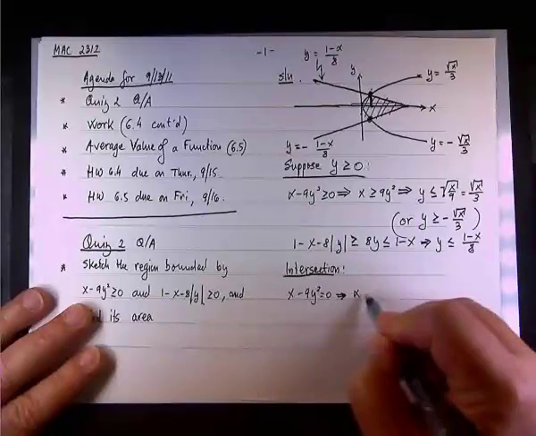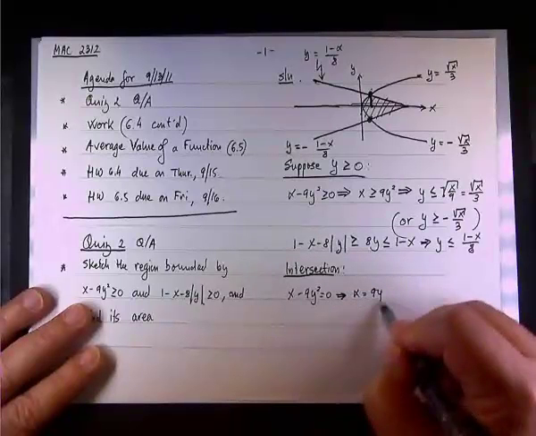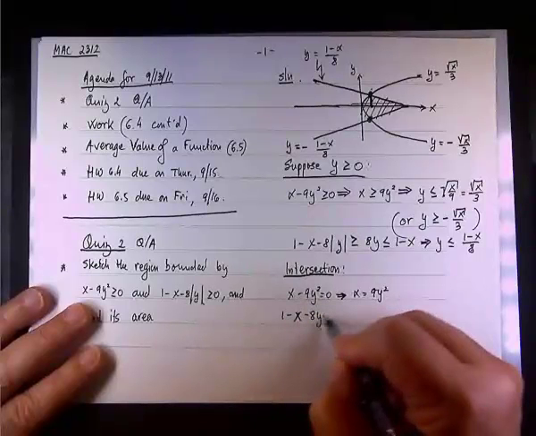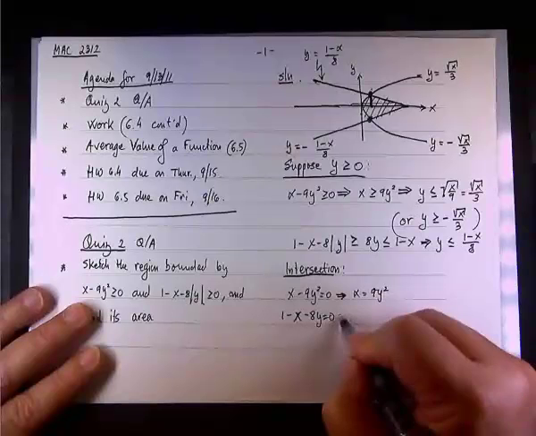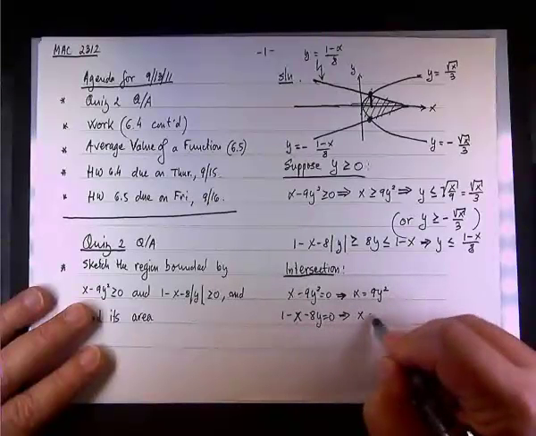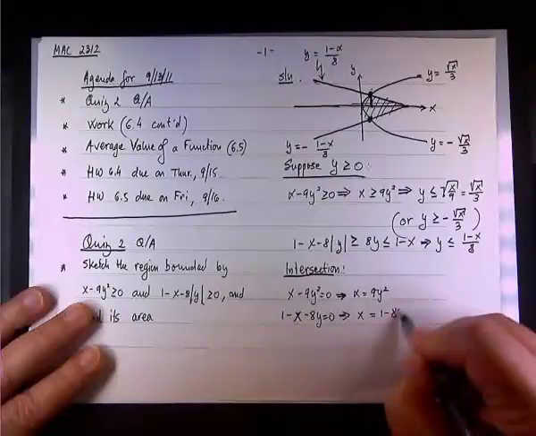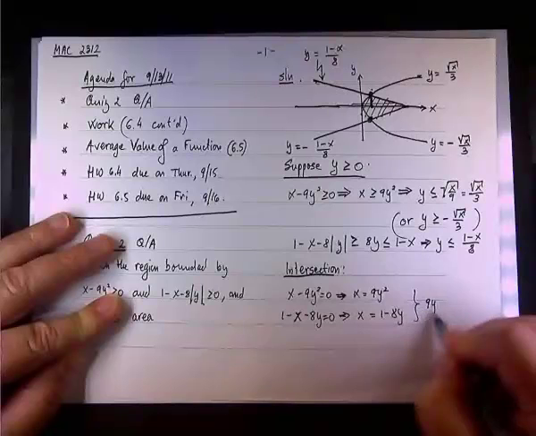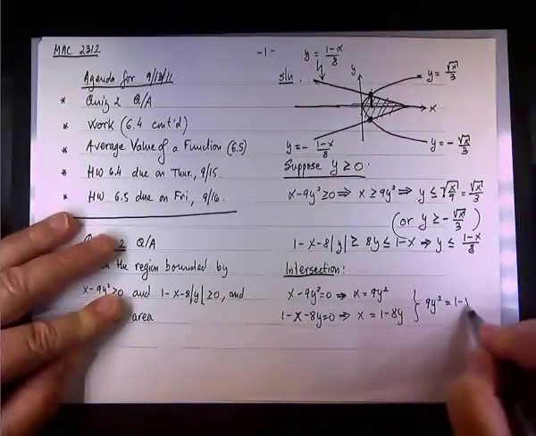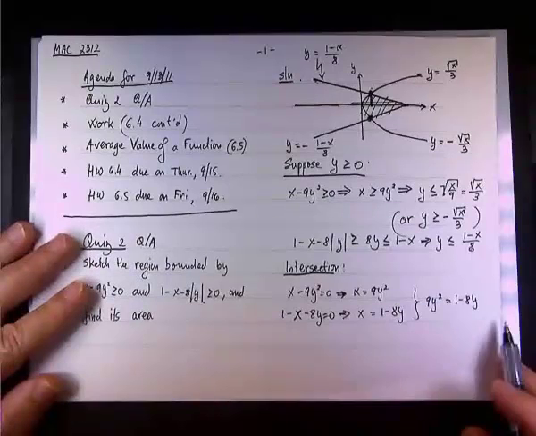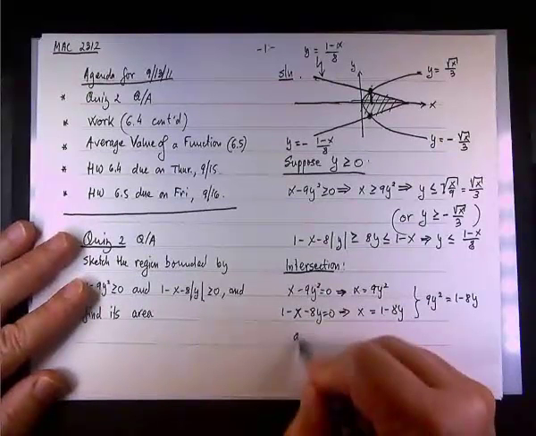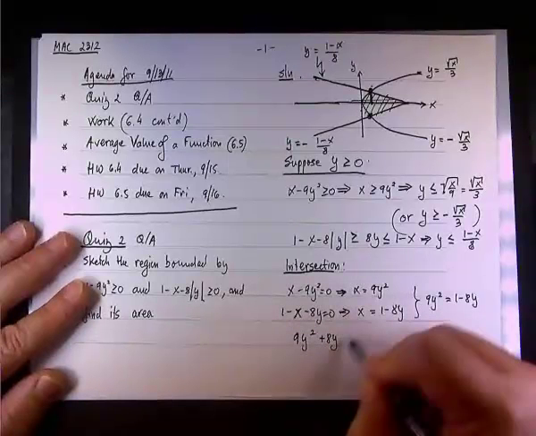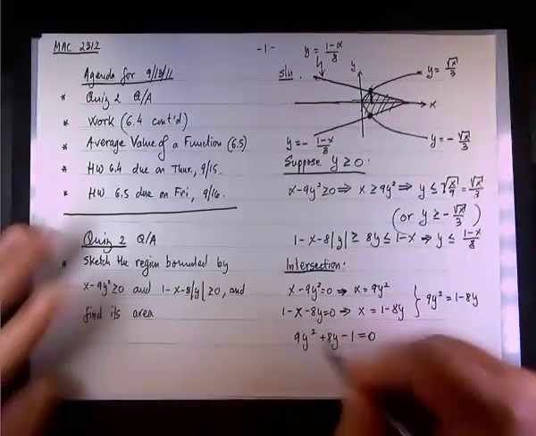Under the supposition that y is positive, x minus 9y squared equals 0 gives us x equals 9y squared, and 1 minus x minus 8y equals 0 gives x equals 1 minus 8y. Now we equate x to x, and we get 9y squared equals 1 minus 8y.